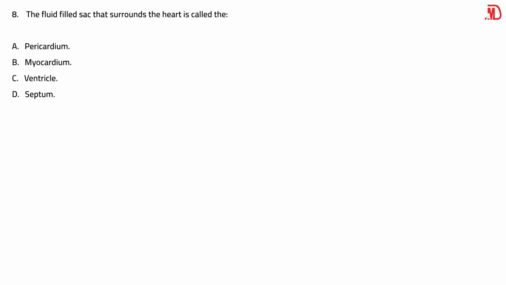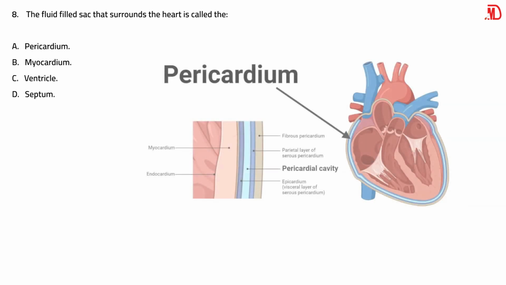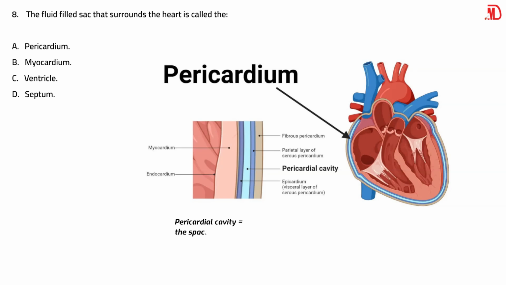Again, the fluid-filled sac is also called the pericardial sac or the pericardial cavity. This surrounds the heart and is composed of a strong fibrous connective tissue known as the parietal pericardium. The pericardial cavity is a potential space between the visceral and the parietal pericardial layers.